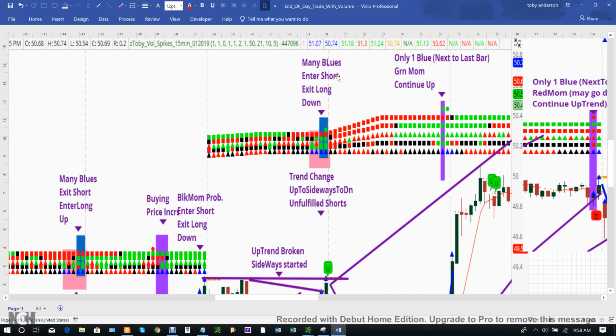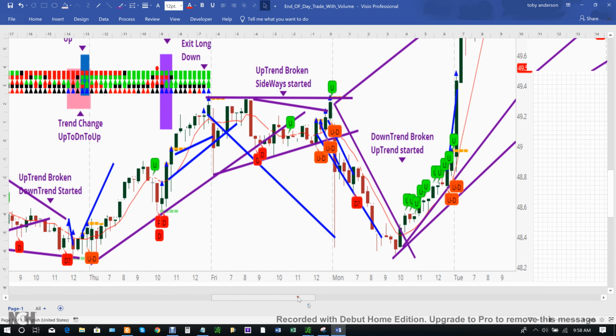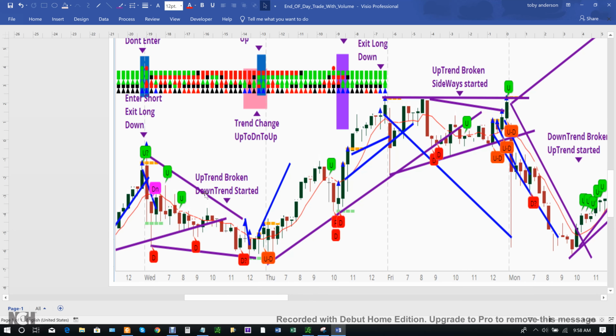So when people enter a short, other ones are going to exit the long. Okay? We saw that over here. This was guys short up here, and they exited the short. Now they're going to enter the long. So always remember the two phrases. It's easy: exit short, enter long, and then vice versa.